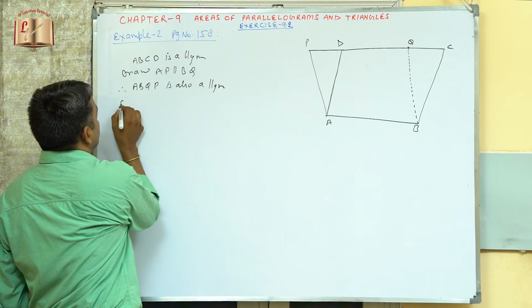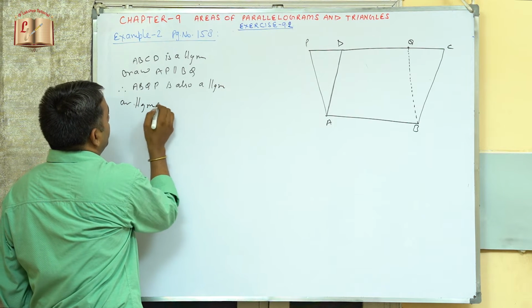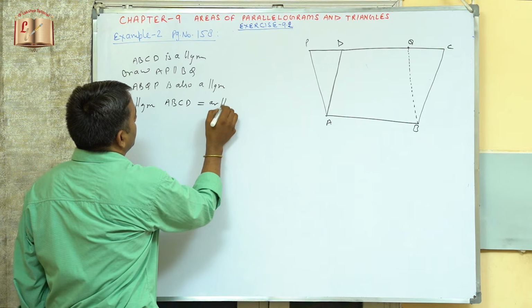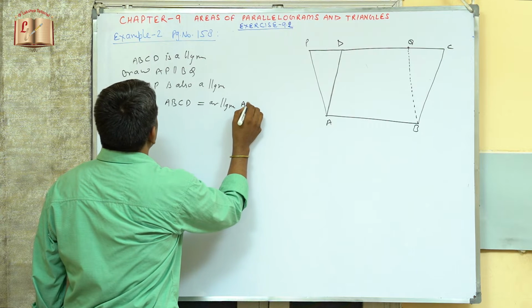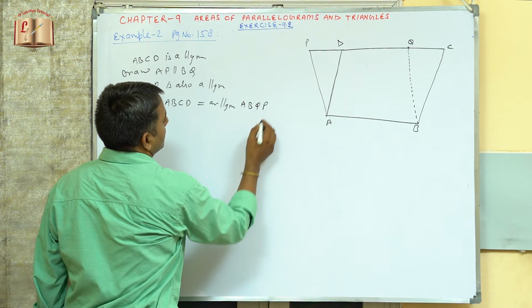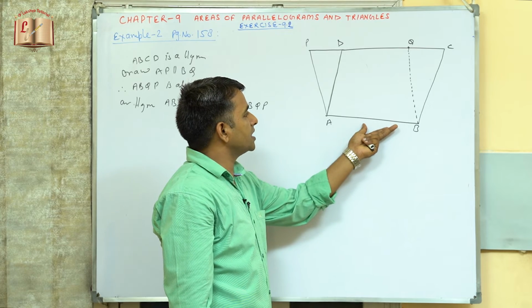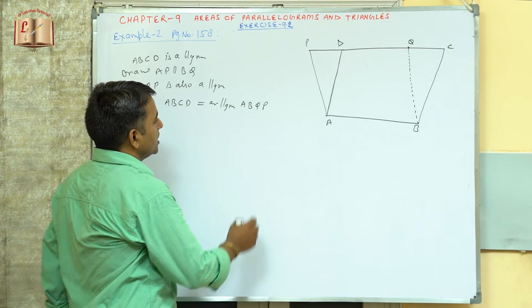Now see that the area of parallelogram ABCD will be equal to the area of parallelogram ABQP, because they are parallelograms on the same base AB and between the parallels AB and PC.